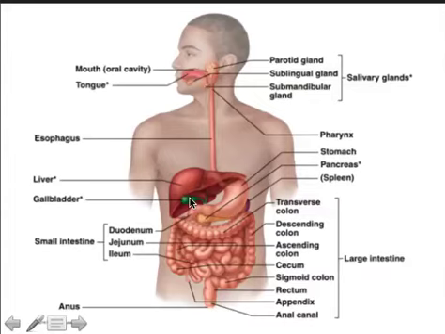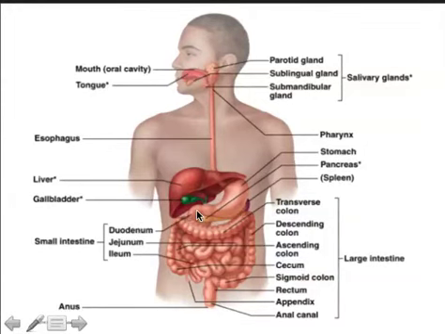And as food is coming from the stomach, just ahead of that, what happens is that there is a hormone called cholecystokinin that will signal the gallbladder to squeeze, and it will release the bile along with the pancreatic juice into the duodenum just slightly ahead of the chyme.